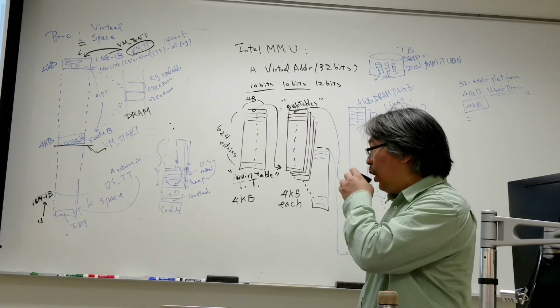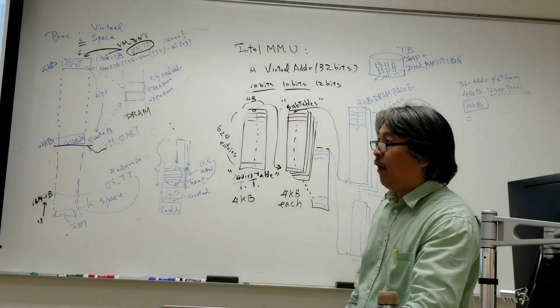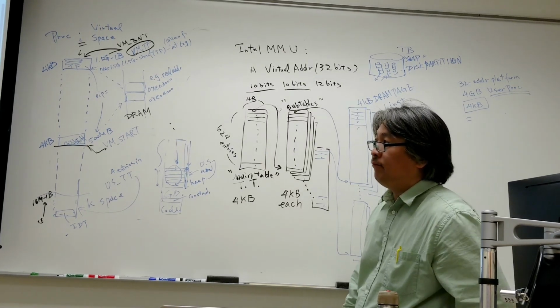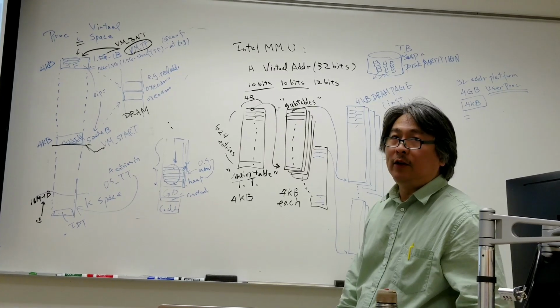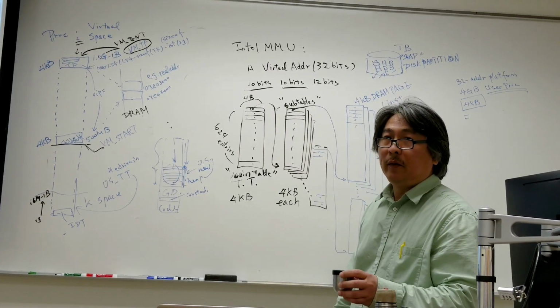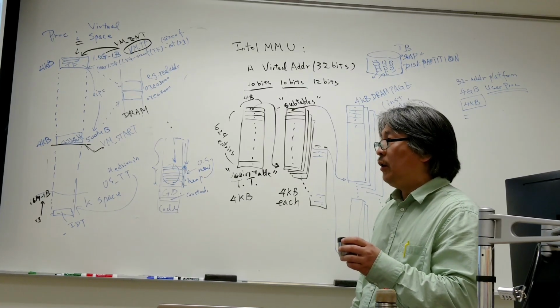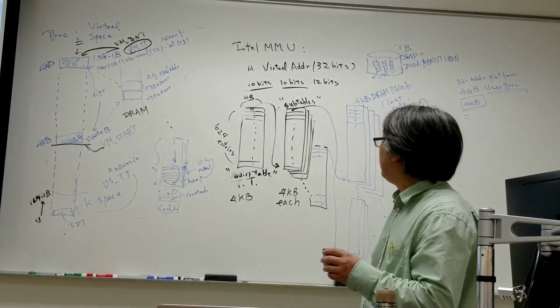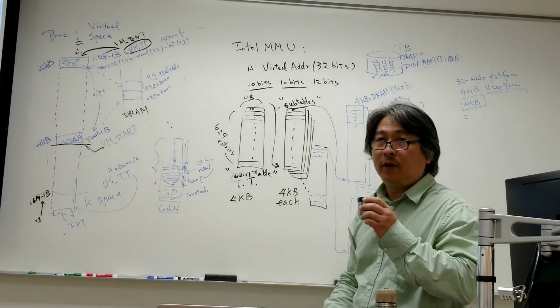So a process can only have 8 megabytes of physical memory at one time, simultaneously. I don't know if I believe that, because there are programs that are going to want to use a lot more memory than that. Yeah, but that's virtual. If you have to be swapping all the time, that's really slow.